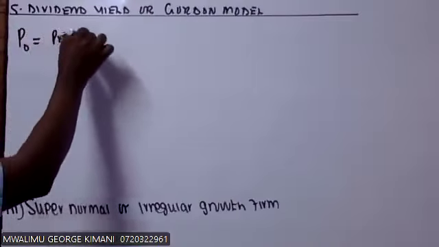So the first thing is now to look for G. Now G will be given as Dn divided by D naught, you raise power 1 out of n minus 1. Dn is just like what we call En, the value at the end.